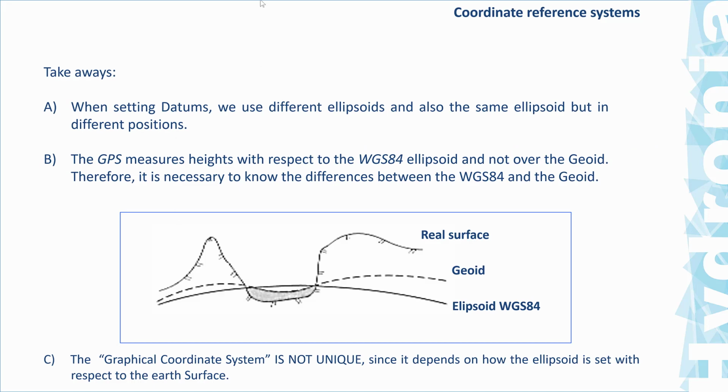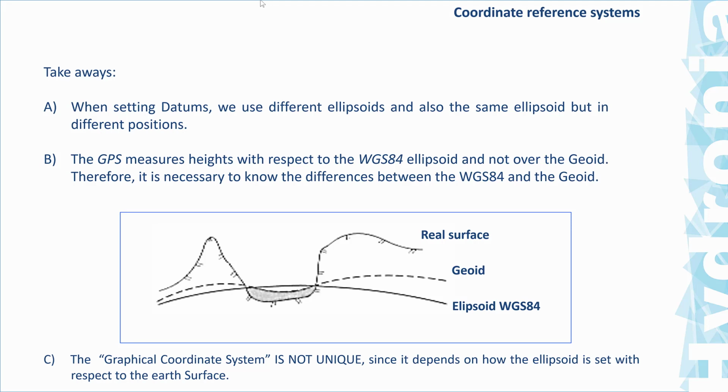So the thing that's important to remember here is that when we are setting datums, we use different ellipsoids and also the same ellipsoid but in different positions. It depends on the standard that we are using to define the datum.